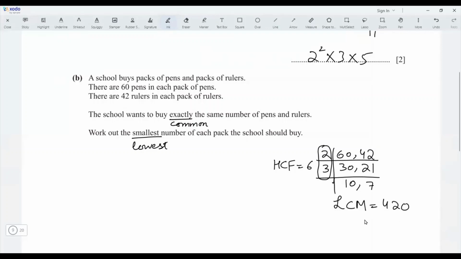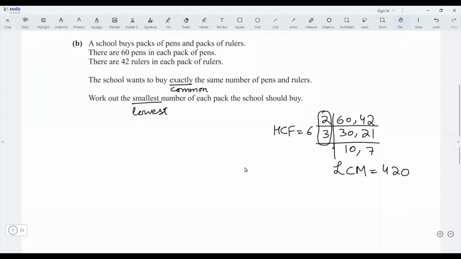You can check. So 420 are the total thing which is required. Means they are buying the same number, the overall result gives us 420, which will be the LCM of this question. But they are saying that we have to tell the smallest number of each pack. Each pack means the uncommon factors will be the results.